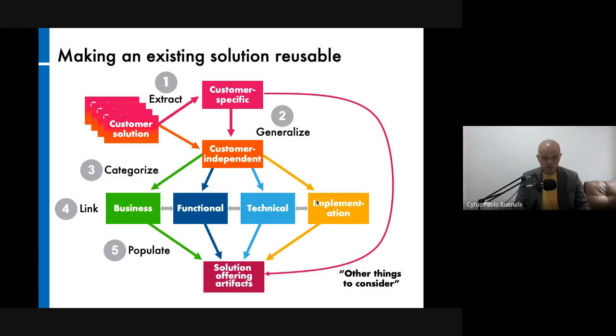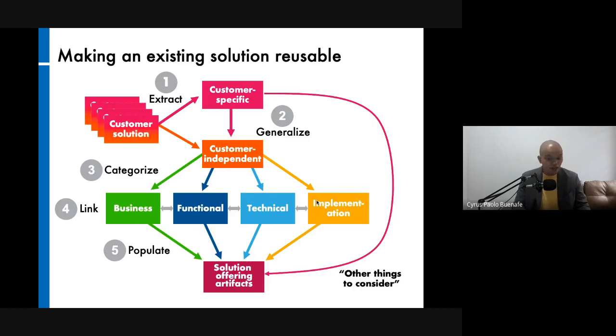And then after you've thrown all of the common elements into the 4 baskets, you try to link them. Try to make the connection. What's the connection between business, functional, technical, implementation? And once you're able to link all these 4 views, this would already be your template.